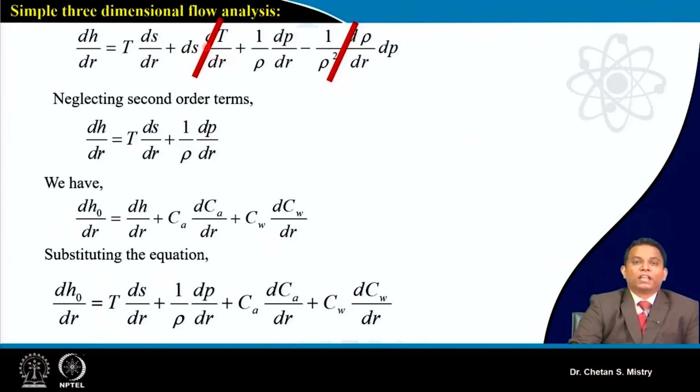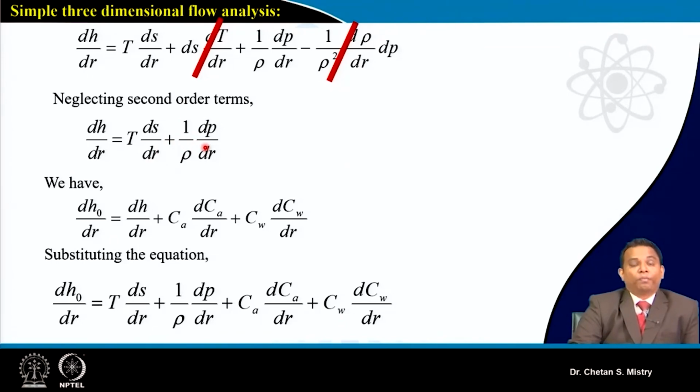This is a smaller term, so we can omit that part and we are omitting the second order formulation. Neglecting this part, dh by dr is given by T into ds by dr plus 1 upon rho dp by dr.